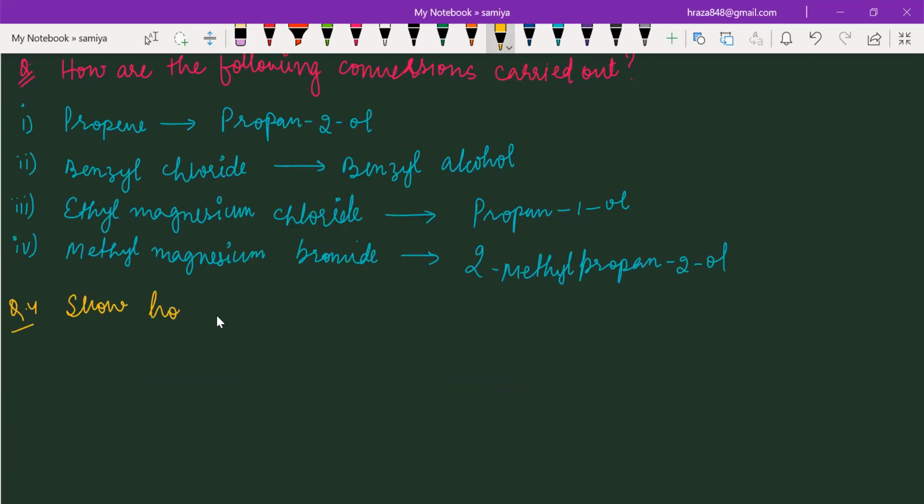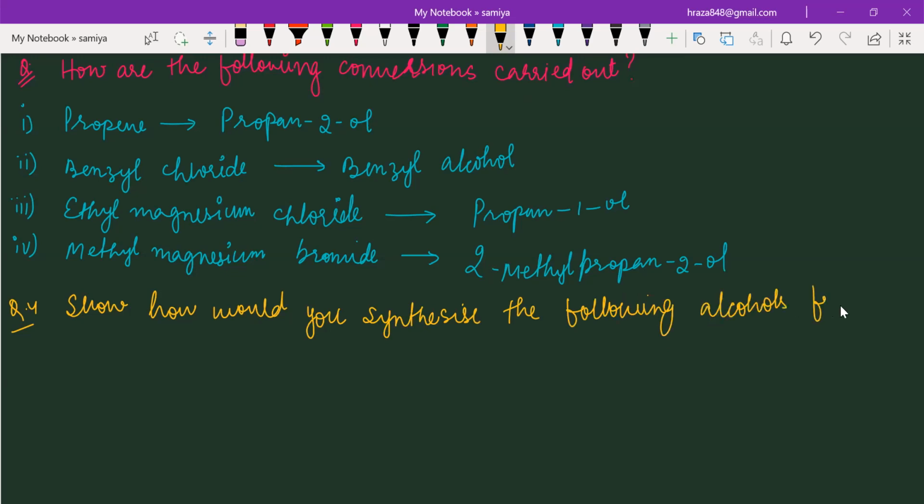The last question. Question number 4. So, how would you synthesize the following alcohols from appropriate alkenes?